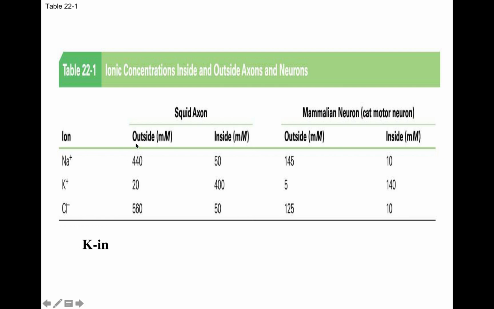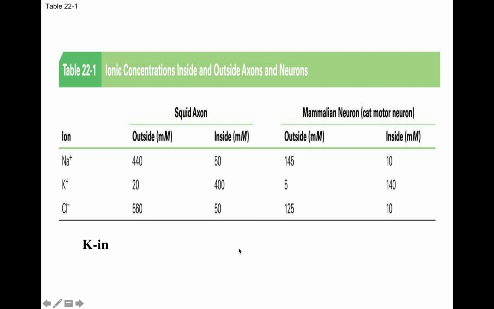So like I just said, sodium, here's for squid and here's for mammal, much higher on the outside of the cell than on the inside of the cell. Again, higher on the outside than inside in mammals. Potassium, much higher on the inside versus the outside. Chloride, much higher on the outside than the inside.